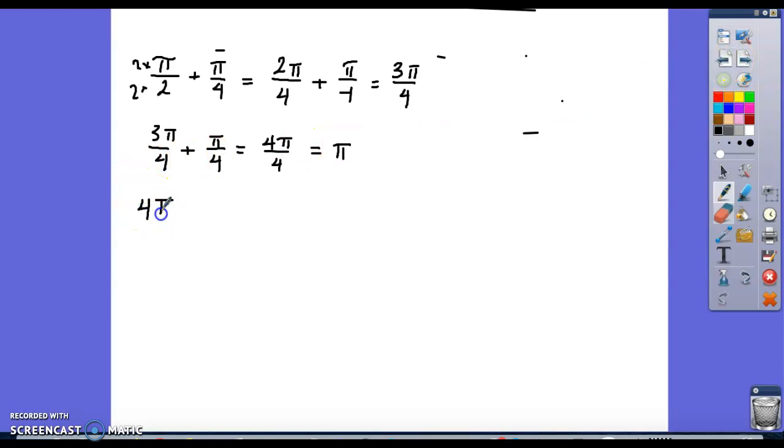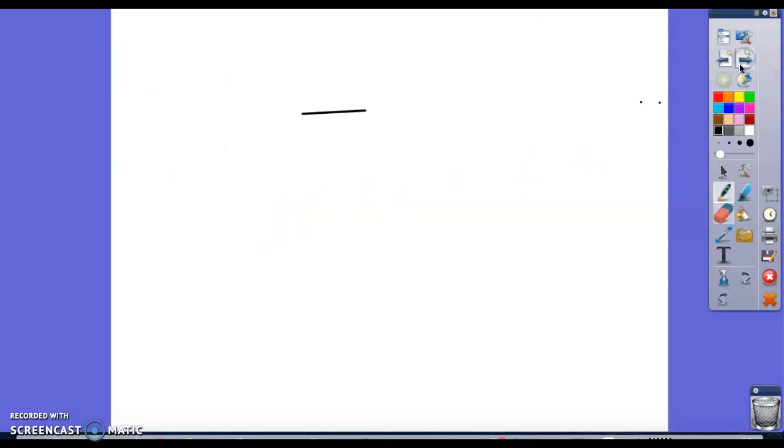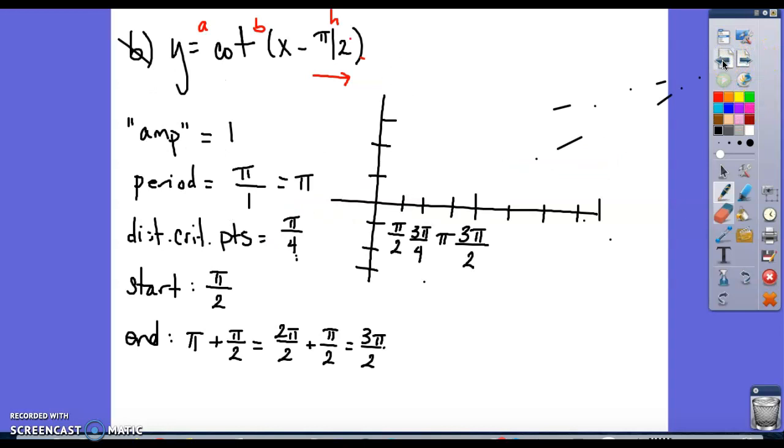So I'm going to write pi as 4 pi over 4 plus pi over 4 is 5 pi over 4. Okay, and I didn't put enough marks in there, so this is 5 pi over 4.